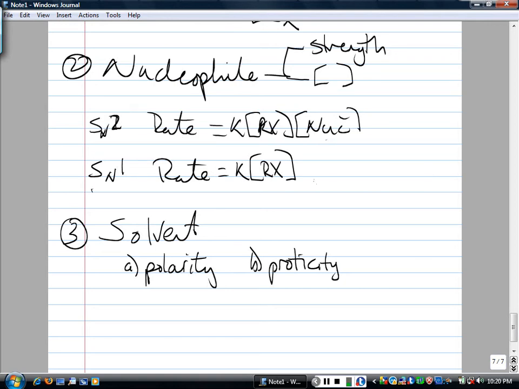And polarity is kind of a funny issue. We'll only get SN reactions of any kind, SN1 or SN2, in a polar solvent. Why is that? Well, if I look at the typical SN reaction, my substrate is RX. My substrate is polar. Polar substrates will only dissolve in polar solvents, right?